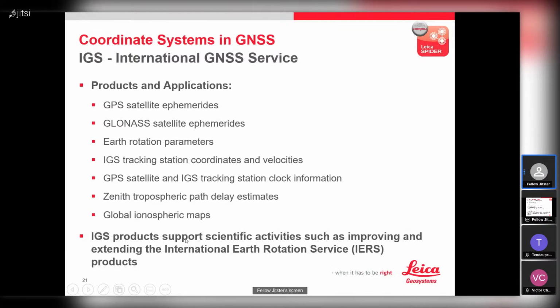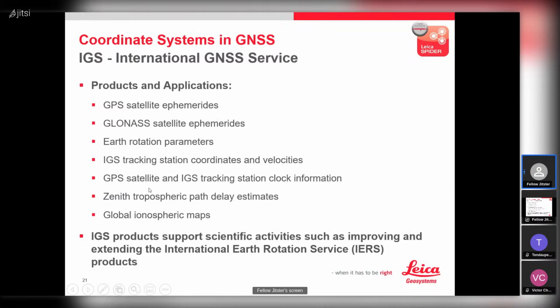Thanks to the network of IGS stations, they can generate this kind of global ionospheric model. And as I said, since all these products are a result of scientific activities, they closely cooperate with the International Earth Rotation Service, IERS, in the definition of the reference frame.